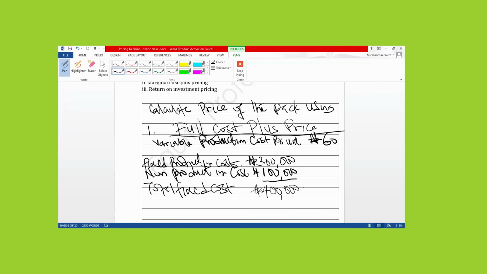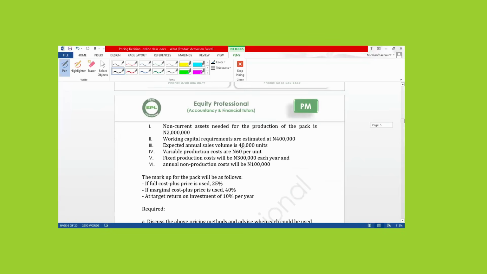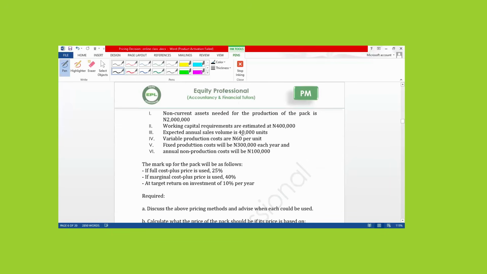But I want fixed cost per unit because selling price will be calculated per unit. Now let's go and check. How many units are we going to produce and sell? Look at here. Expected annual sales volume.